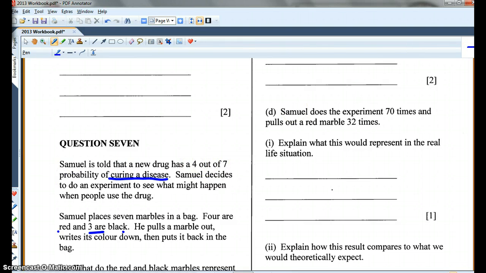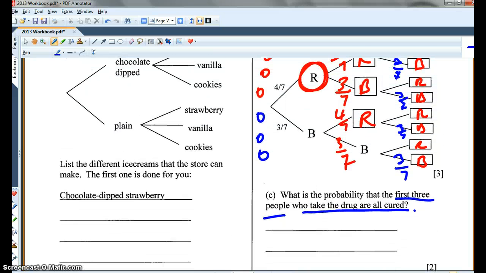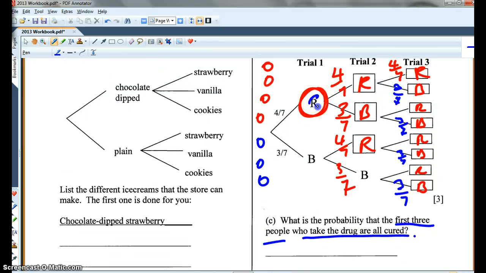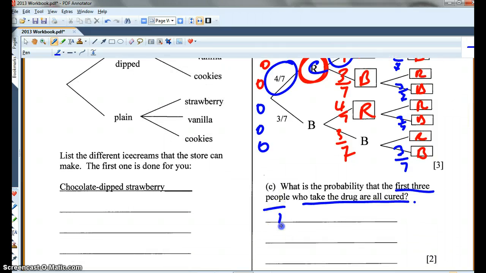So the 4 is cure. The first 3, that's cured, is 4/7 times 4/7 times 4/7, because you multiply along the branches.